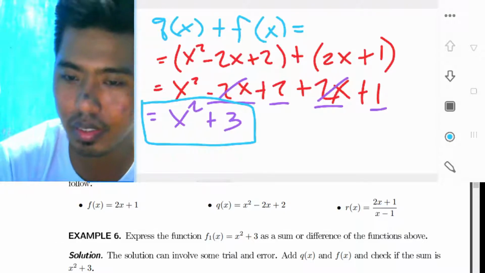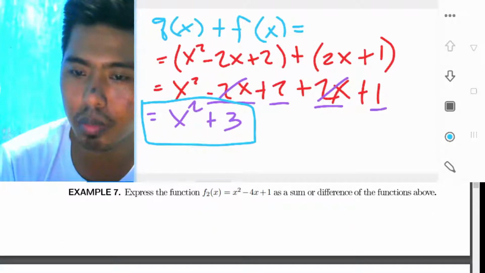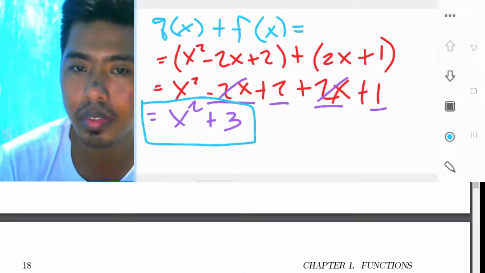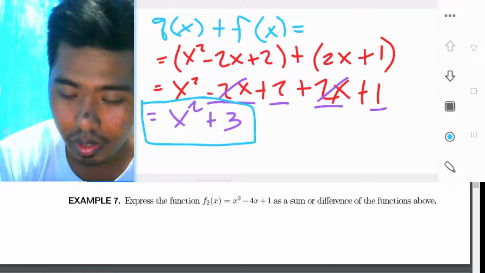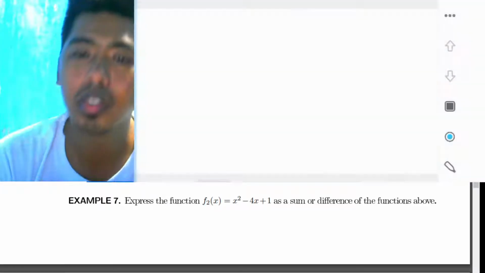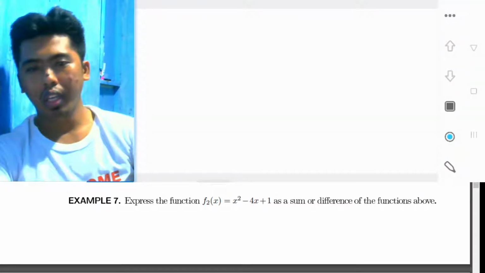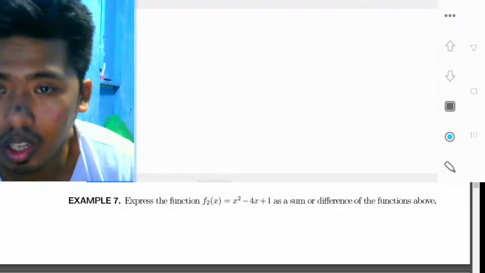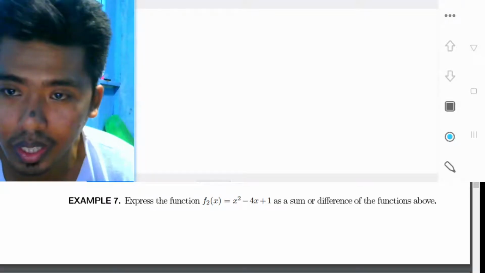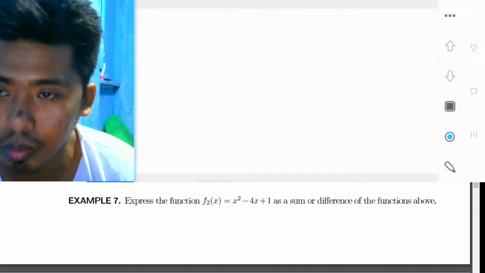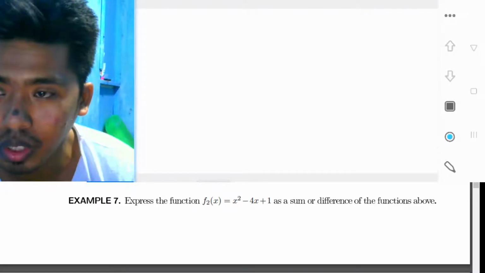Alright, next we have example number 7. Here's the problem. Express the function f sub 2 of x is equal to x squared minus 4x plus 1 as a sum or difference of the functions above.